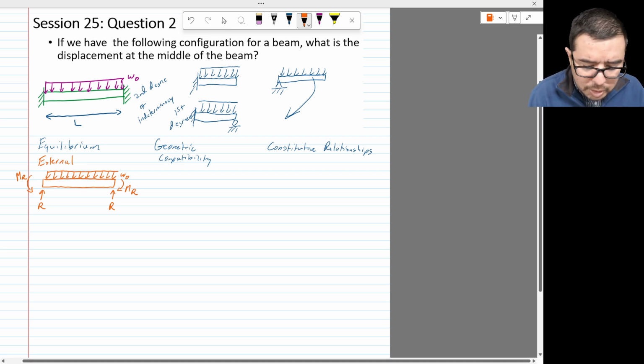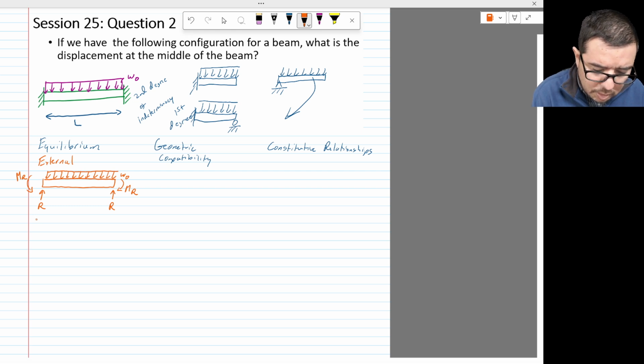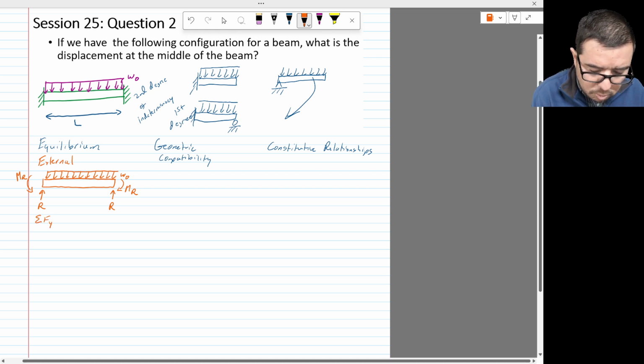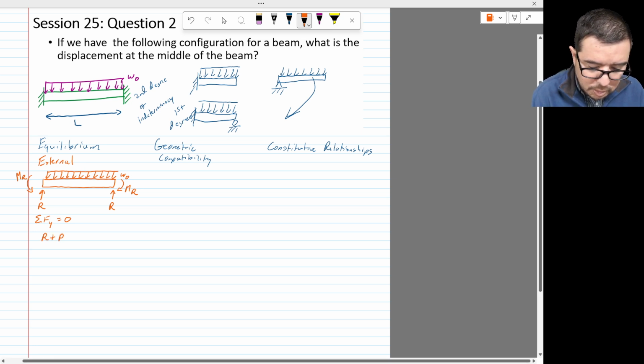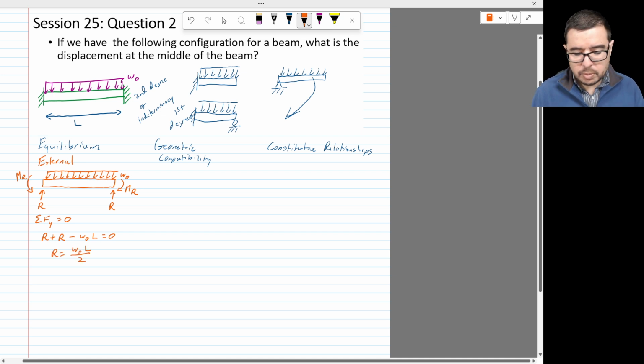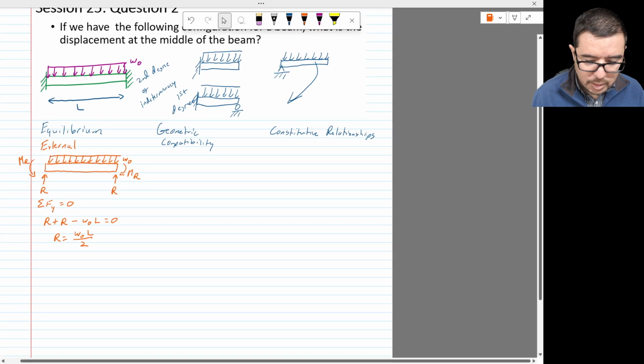When we look at the equilibrium in the forces, we could say that we have R plus R minus W naught L equals 0. So therefore R is going to be W naught L over 2. That's kind of nice.